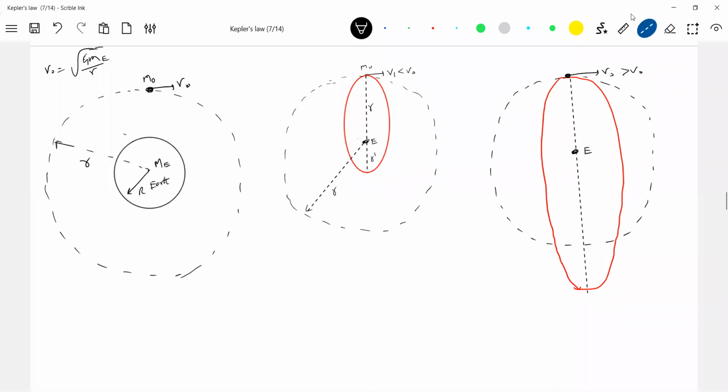If there were no change in the speed, it would continue in a circular orbit here, and this distance will be r. This will be r dash, here r dash less than r. I shall write r1 better. Call this r2.